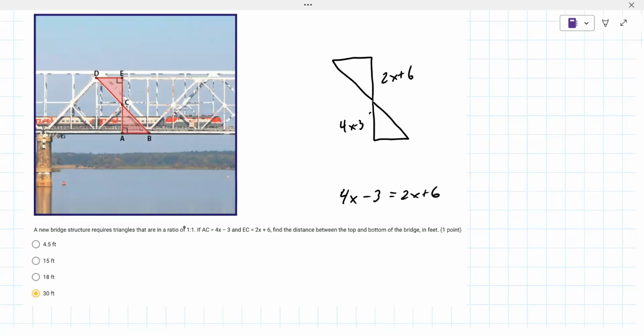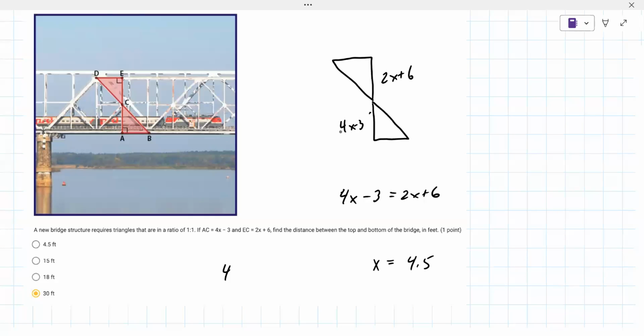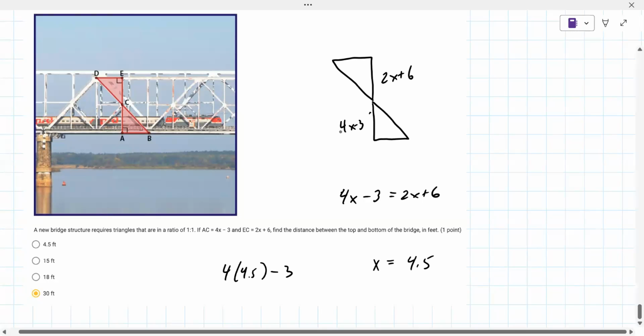All right. So we got x ends up equaling 4.5, but you now have to put that back into one or the other and then double it. So 30 is probably correct, because when you put this into one, you probably get, well, maybe you don't get half. So 4.5, 4 times 4.5 minus 3. That's 10.5.